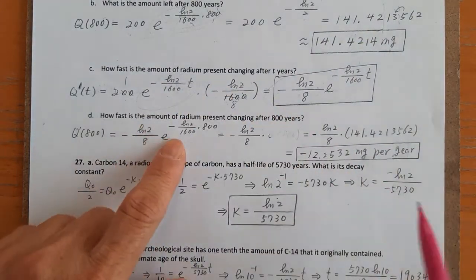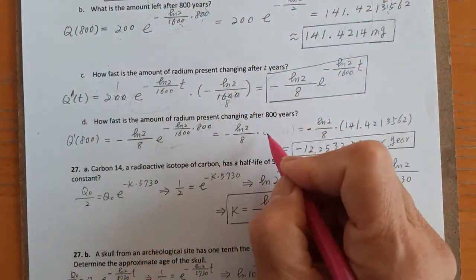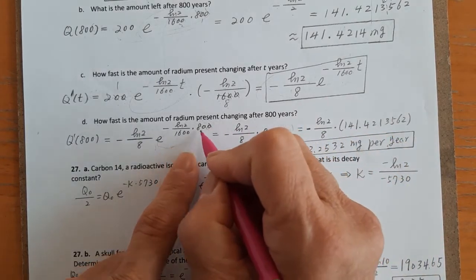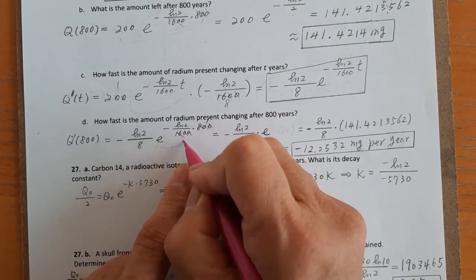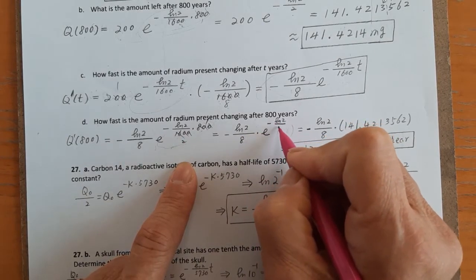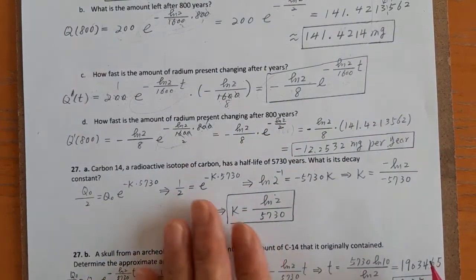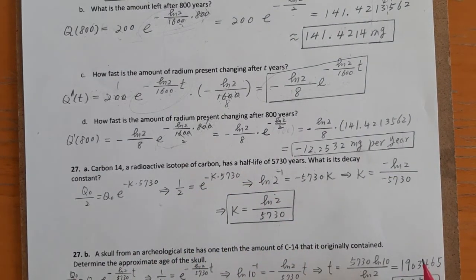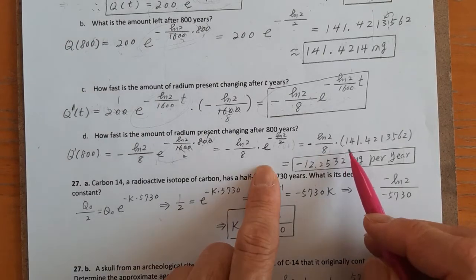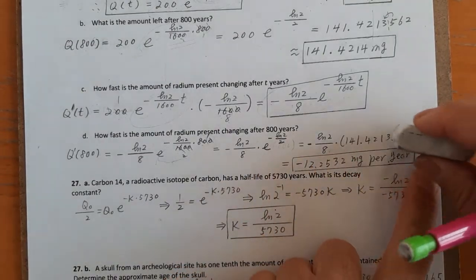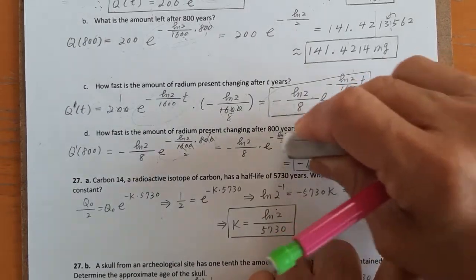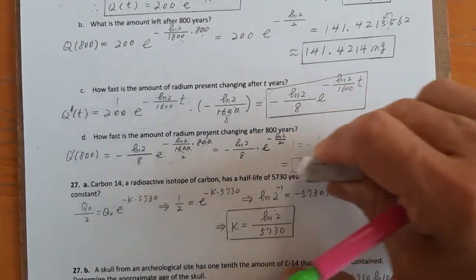So this one is going to be e to the power, cancel, get negative ln 2 over 2. And the rest, you just use calculator.